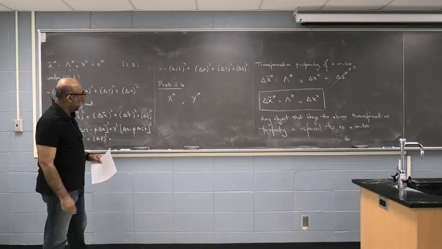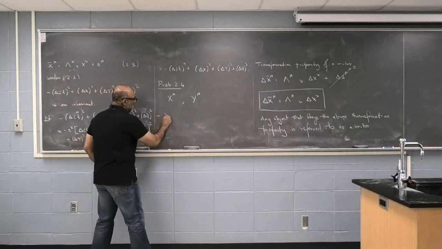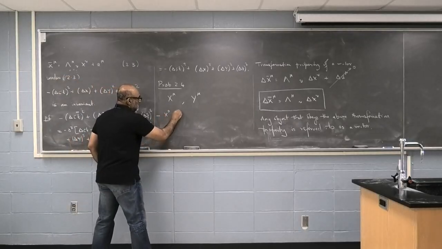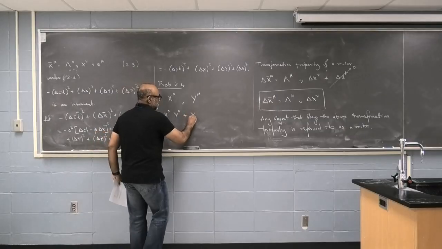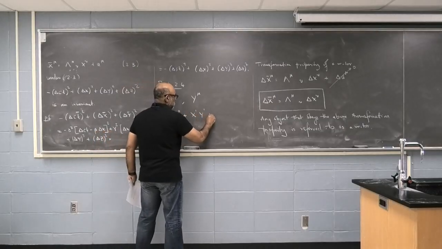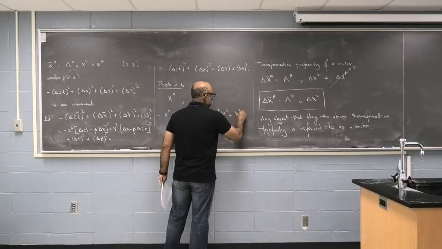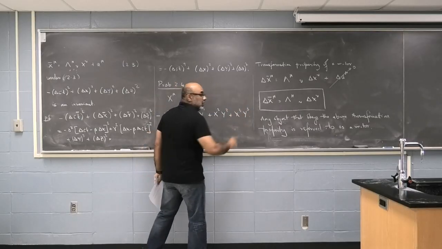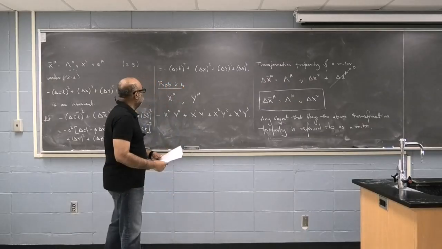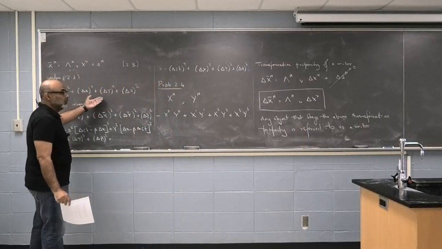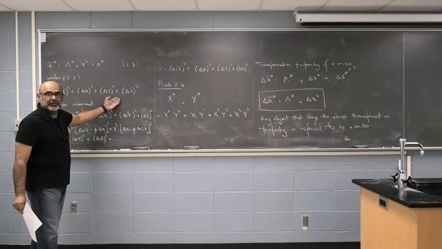What I want you to show is that minus x0 y0 plus x1 y1 plus x2 y2 plus x3 y3 is also invariant. Before, it was the same vector, you're taking a vector and dotting it with itself.